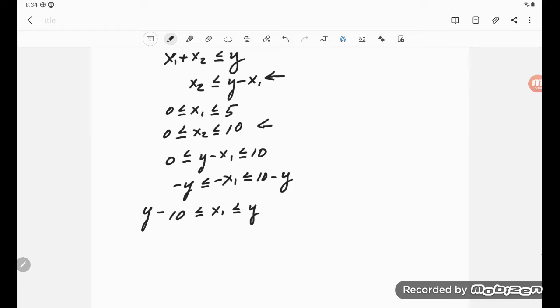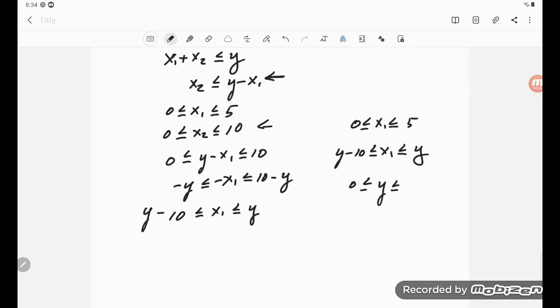So for x1, we have those two items: 0 is less than or equal to x1 less than or equal to 5, and y minus 10 is less than or equal to x1 less than or equal to y. And of course, y, because it's the sum of x1 and x2, is going to be no smaller than 0 and no bigger than 15.